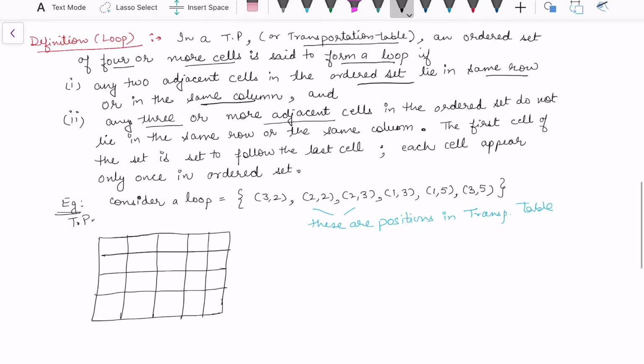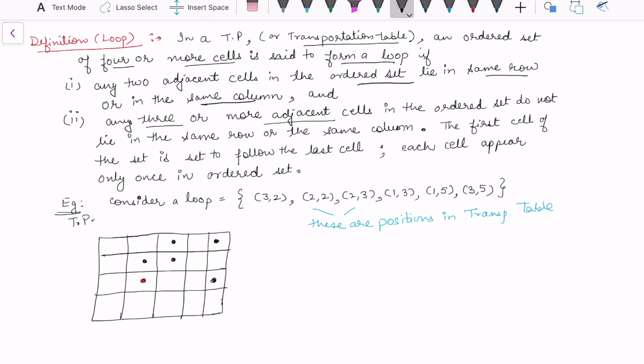This is the third row and second column, so that is this one. Then I have 2, 2, which is this. Then 2, 3, which is this. Then 1, 3, which is this. Then 1, 5, so the first row, fifth column, which is this. And then 3, 5, which is this. We started from this particular cell. We started from here.